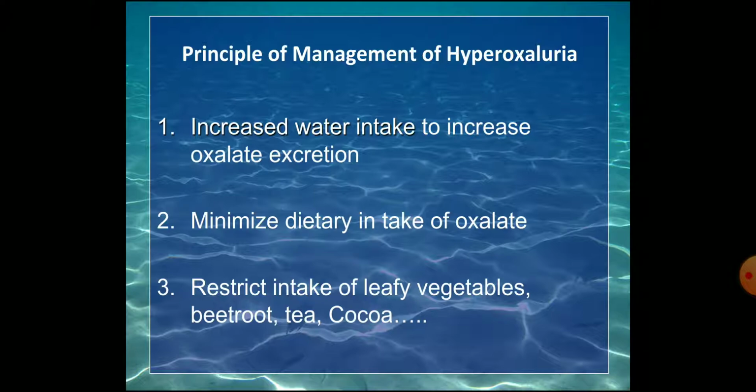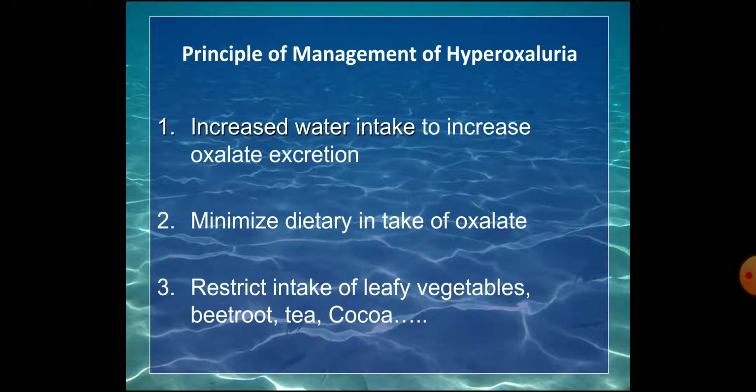The general principles for the management of hyperoxaluria are increased water intake to increase oxalate excretion. Usually the oxalates are seen deposited in the urinary tract, isn't it? So we have to remove it by drinking a lot of water so that it gets excreted through urine. Then minimize the dietary intake of oxalate.